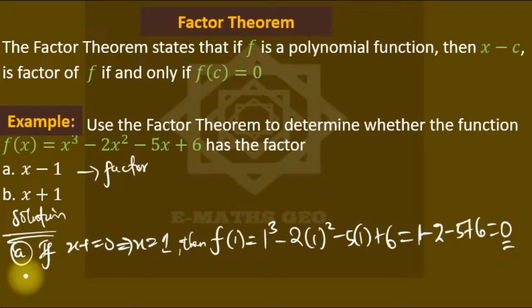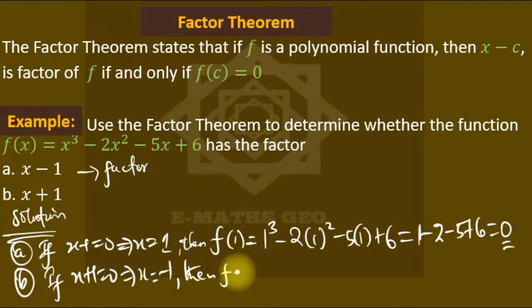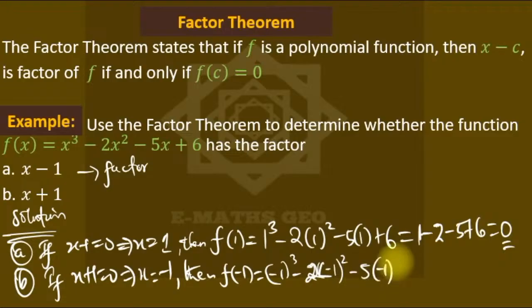So let's test the other one. If x plus 1 is 0, then x is minus 1. So if I substitute f of minus 1, let's see: minus 1 cubed minus 2 times minus 1 squared minus 5 times minus 1 plus 6. So this is minus 1 minus 2 plus 5 plus 6.